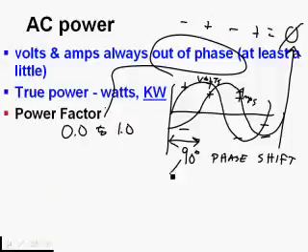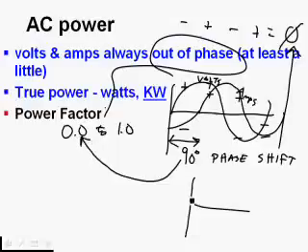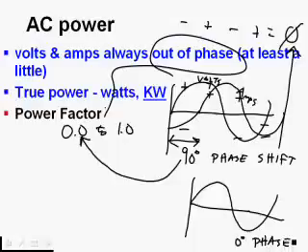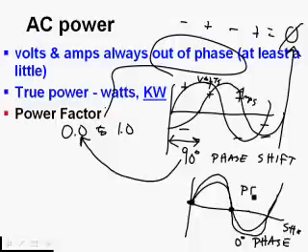A 90-degree phase shift is going to give us a 0 power factor. If we were 100% in phase, or a 0-degree phase shift, with the volts and the amps both rising and falling at the exact same point, this would give us a power factor of 1.0. Here we're going to have a power factor of 0.0.